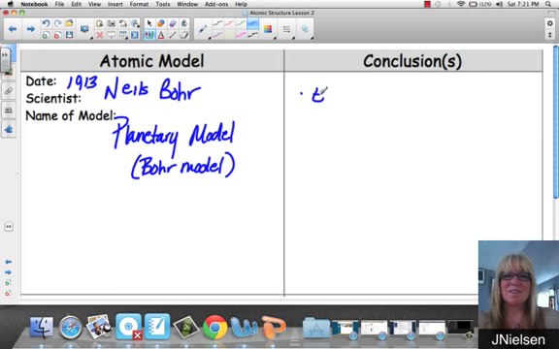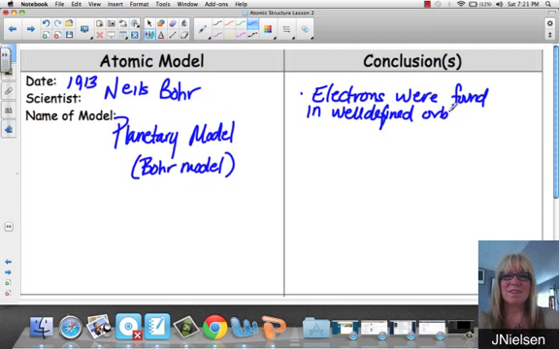And he said that electrons were found in well-defined orbits, or paths outside the nucleus, much in the same way planets orbit the sun.